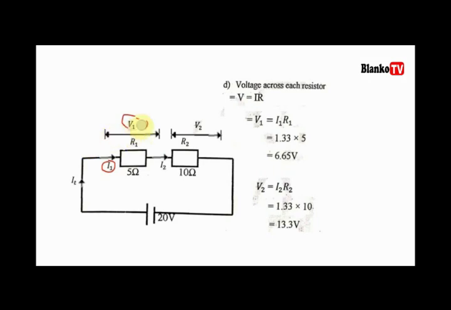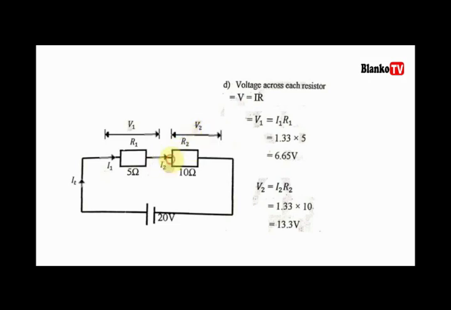The same way, to calculate V2, we multiply I2 by R2. So V2 equals I2 times R2, that is 1.33 times 10, which gives us 13.3 volts. I hope you are following.